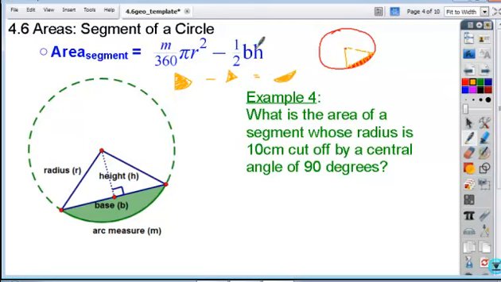And now, as far as the base times the height, okay, for most cases, the base is going to be the length of the chord, and the height is going to be the distance from that chord to the center.